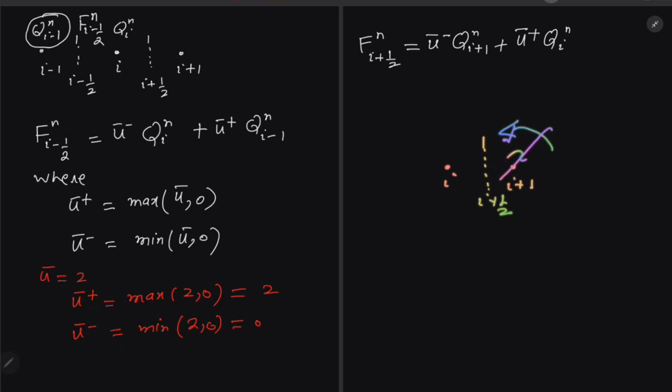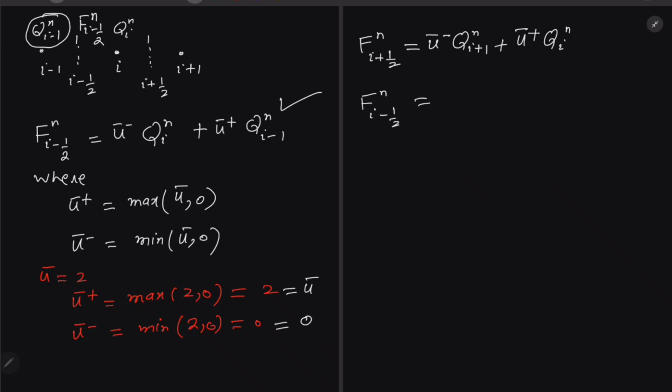Or maybe if you are not talking about the left hand side, you can just talk about from the left side. So if we have, for example, let me just solve this again. U plus is 2, and u minus is 0. First I want to see this equation.